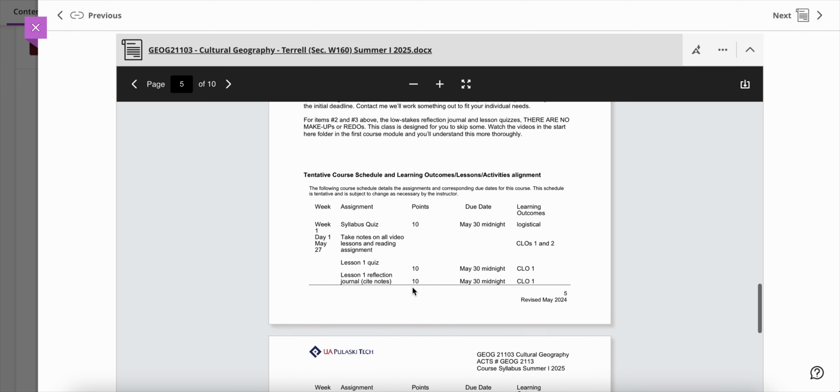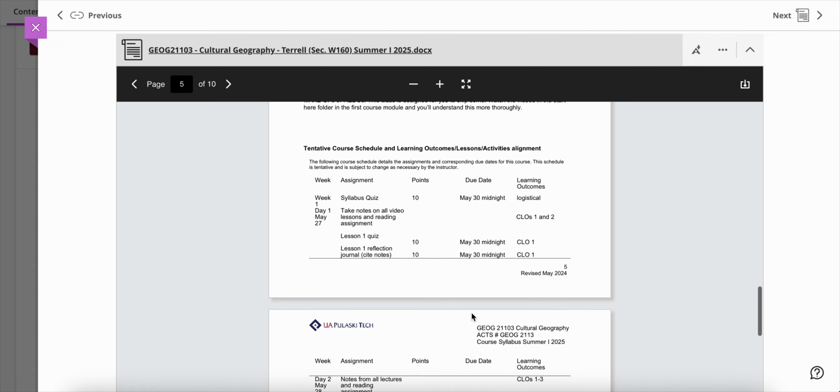Please look at the tentative course schedule. It's tentative because we'll modify it if we need to. But in general, you've got the due dates for these assignments and also the course learning outcomes that they align to.